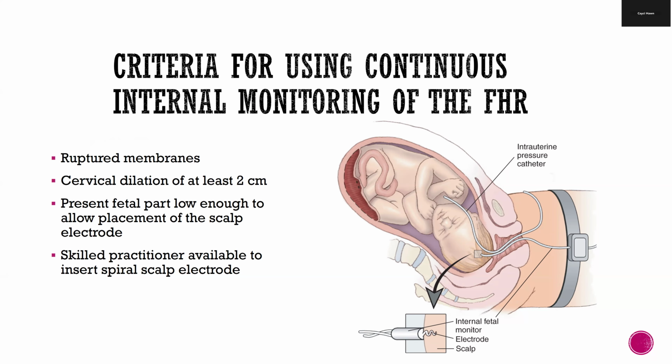We got to get our fingers in there to adequately work. Number 3, the presenting part of the fetus needs to be low enough to allow placement of the fetal scalp electrode on. And number 4, a skilled, trained practitioner available needs to be the one inserting the FSE or the IUPC, period.